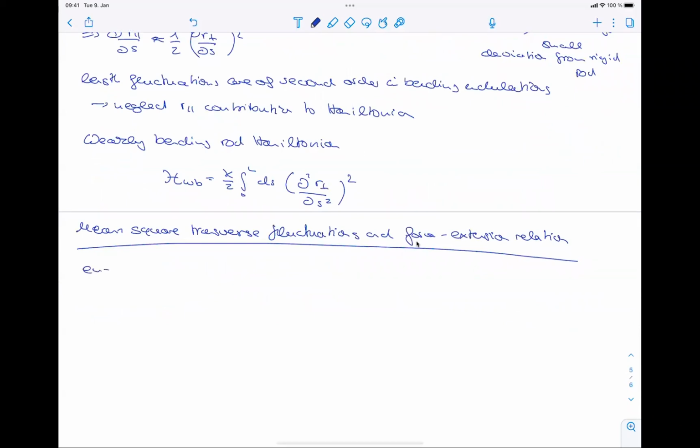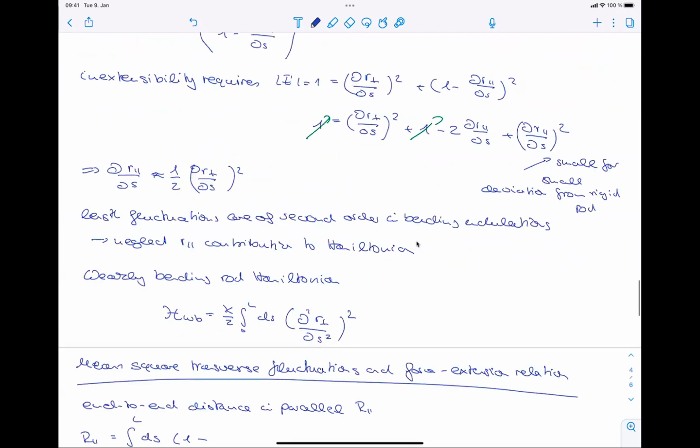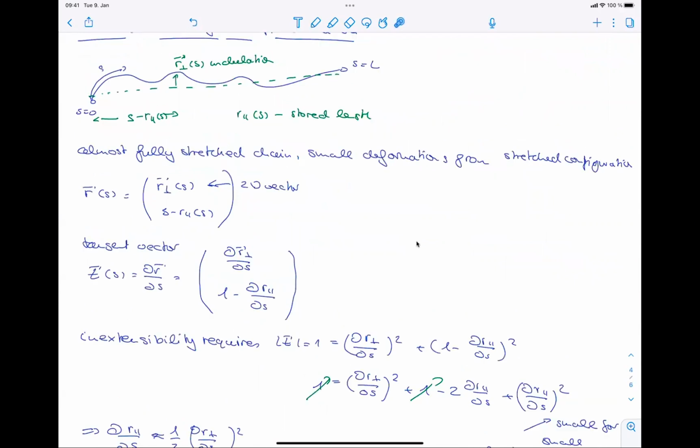So we're interested in the end-to-end distance in parallel that we had before for the Gaussian chain as well. And now in the context of the weakly bending rod approximation, this extends, as we said here, by integrating over the tangents along this direction.